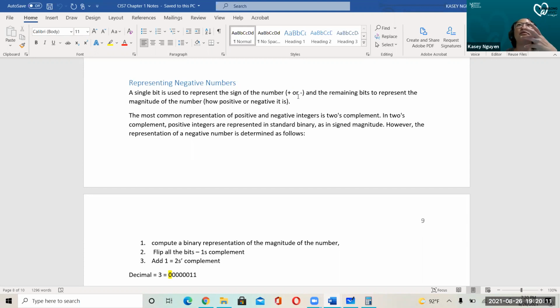In programming, we refer to a value that can be negative as signed, and unsigned is a positive value. And the remaining bits represent the magnitude of the number, how positive it is, the value of it.